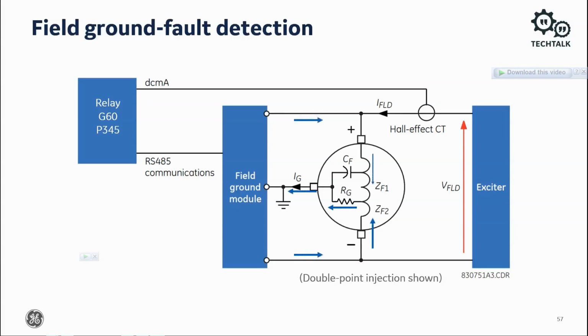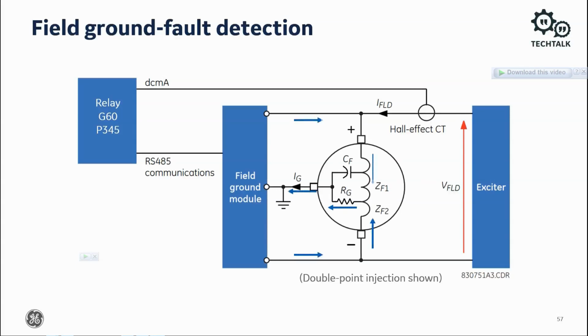The field winding of a synchronous generator is represented electrically by the impedance ZF equals ZF1 plus ZF2. Under normal conditions, the field circuit is ungrounded. The capacitance CF is the stray capacitance of the field distributed along the field winding. This capacitance represents the only path for current to flow to ground under normal conditions.